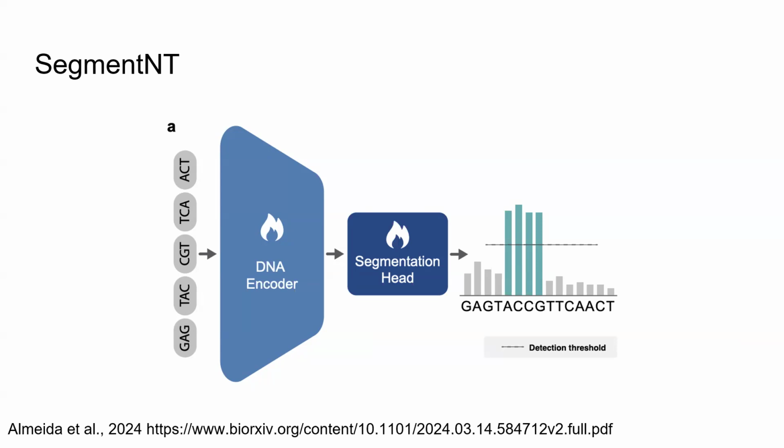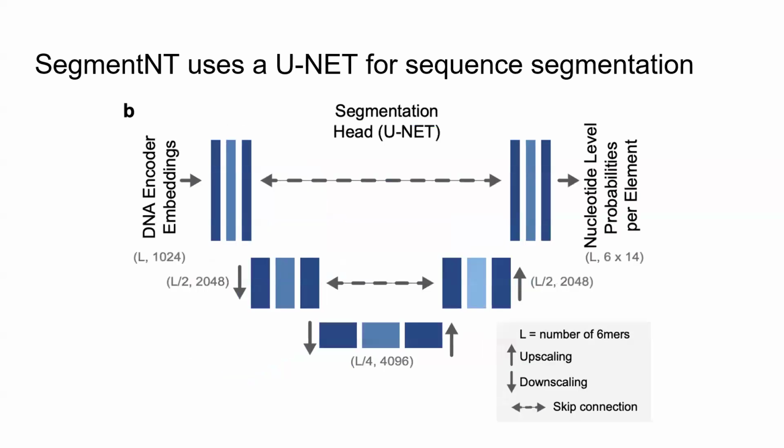It uses an architecture that we're going to see again and again, and that's a UNet architecture. UNet is a type of CNN that's often used to segment images. So take an image and find the regions of interest, and they're using it to do the same thing in DNA: take a big DNA sequence and find the areas of interest.